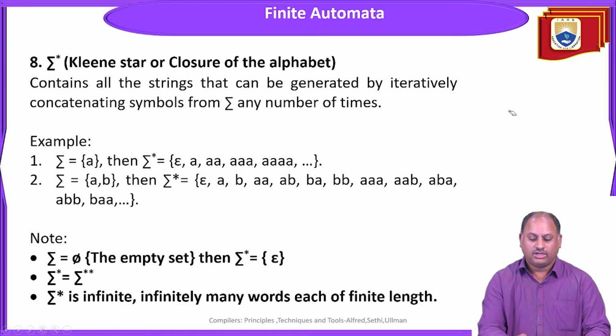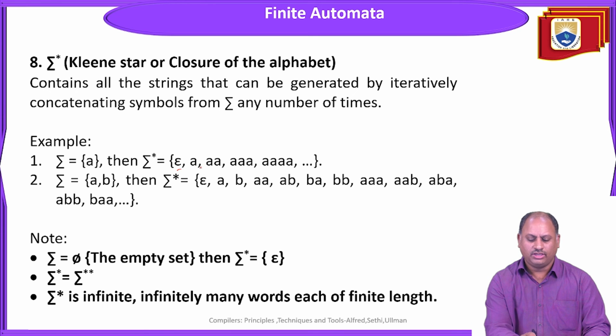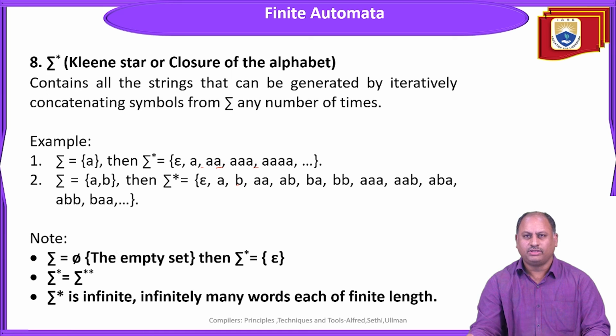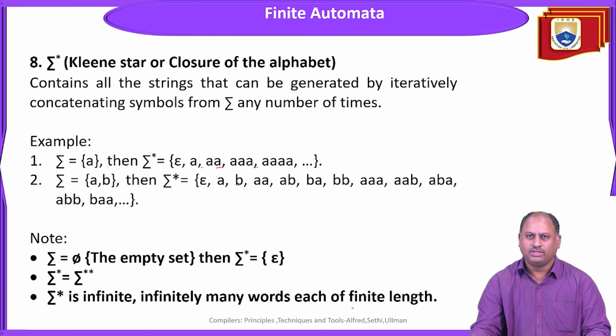That means sigma star contains all strings: epsilon, A, double A, triple A, and so on. And here also epsilon, A. But we know that sigma star is infinite. Infinite in the sense that the strings are to be continuously processed. The length of each string is finite, but the language is to be continuous.